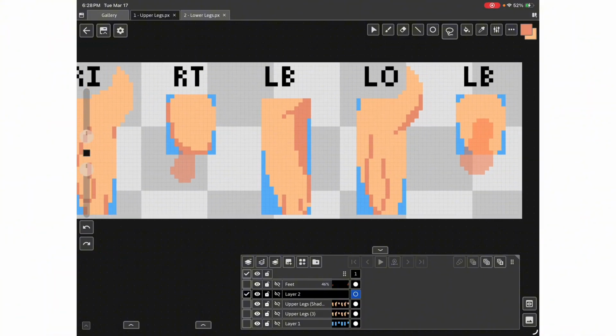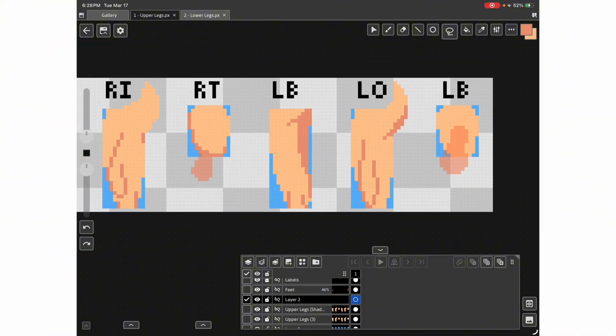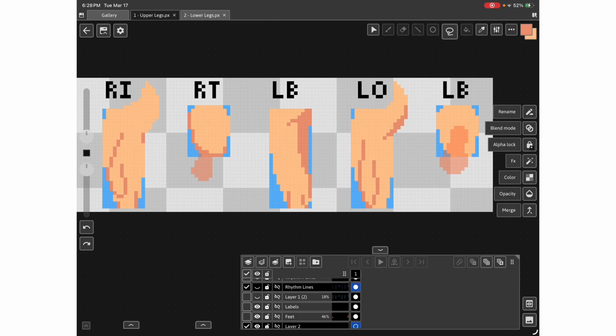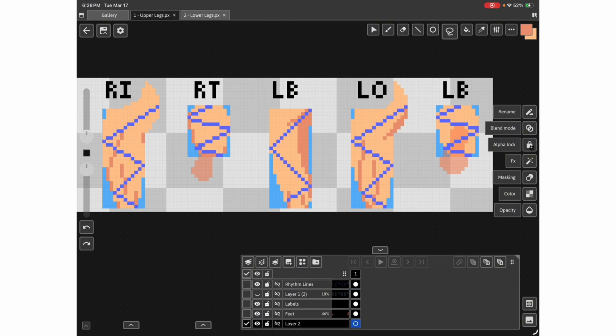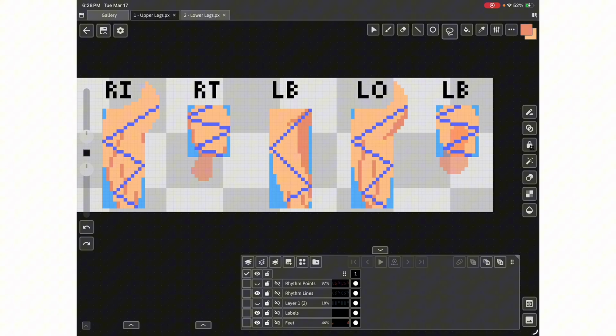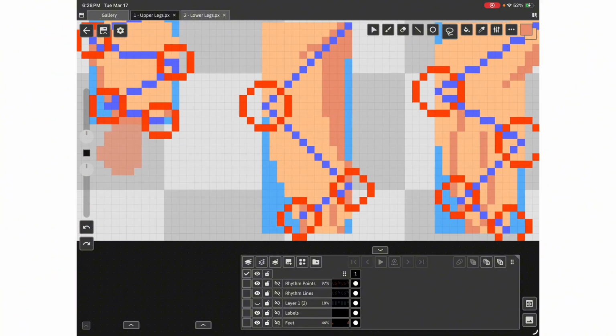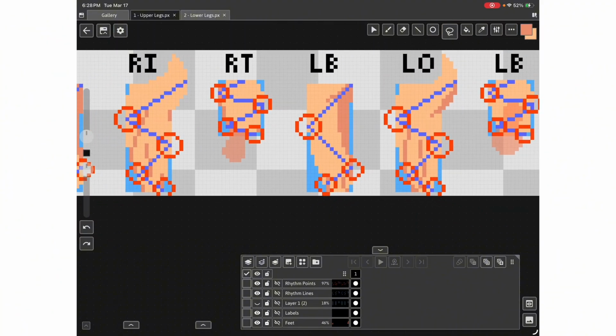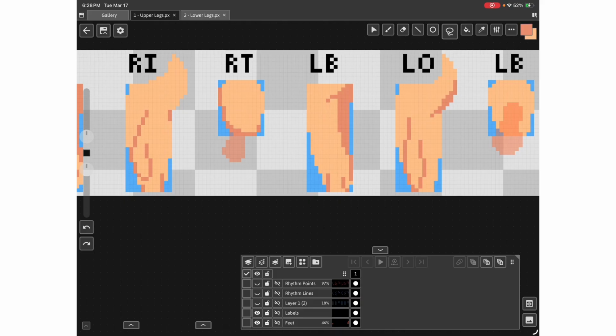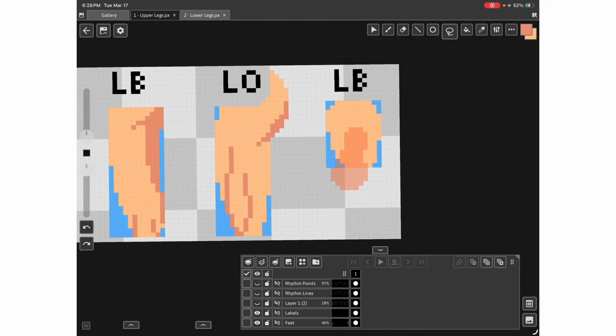So that's what that is. It'll be the same rhythm lines as it was for the front view. And it'll be the same apex points. Yes, see?